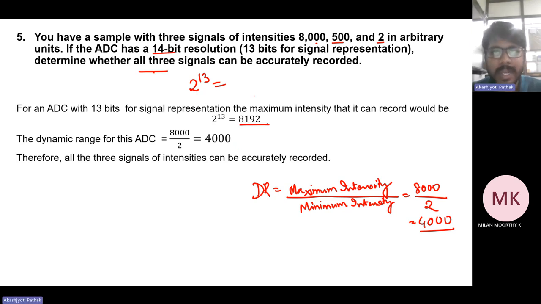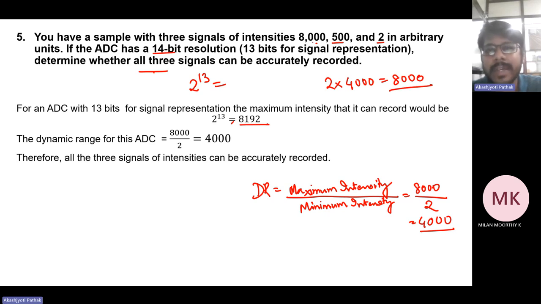Okay, is this question clear? So all these three intensities can be represented, or can be recorded, using a 14-bit resolution. Because if you do 2 into 4000, you will get 8000, right?